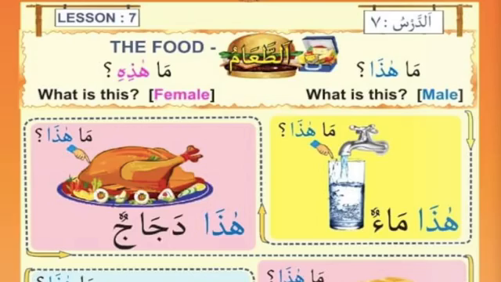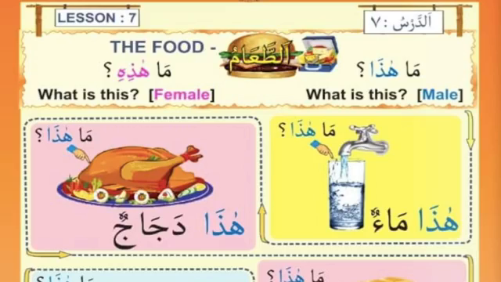What do you see? Yes, chicken. So chicken is called in Arabic dajajun. Dajajun. Chicken.